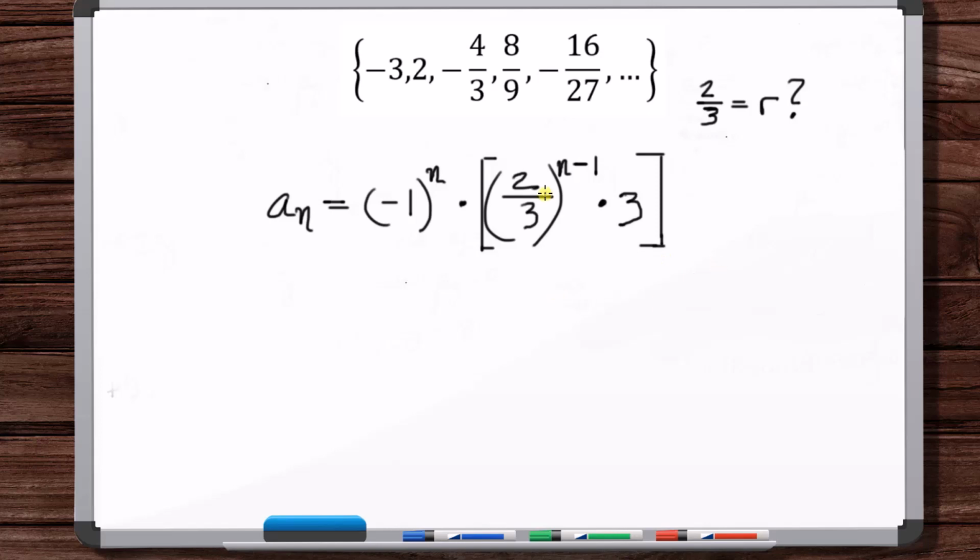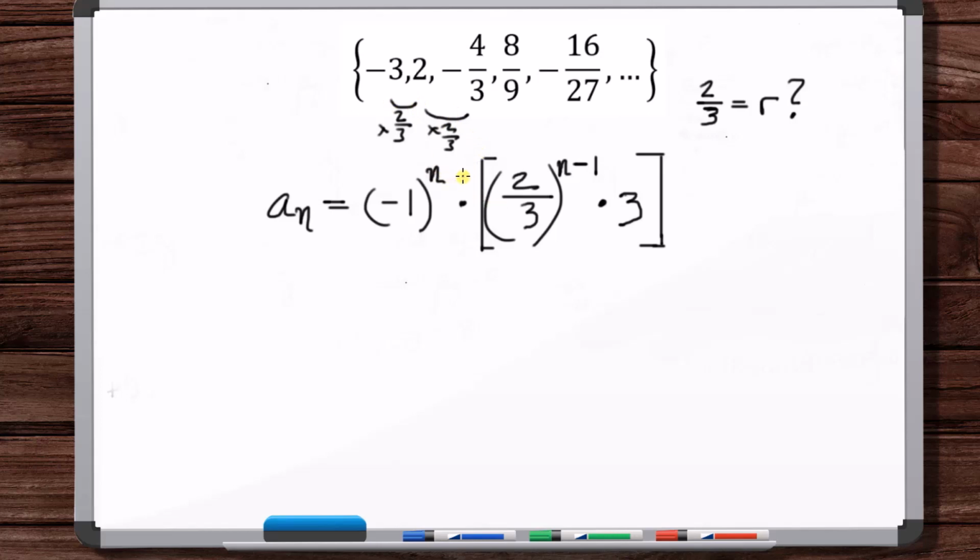You see? Because 2/3 to the 0 gives you 1 times 3. We start at 3. Then each time you just want to multiply times 2/3. So 2/3 to the 2 minus 1, 2/3 to the 1 times 3. 2/3 to the 3 minus 1 power, so 2/3 squared, right? So 3 times 2/3 times 2/3.